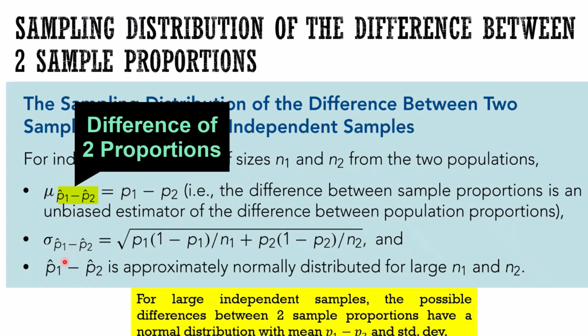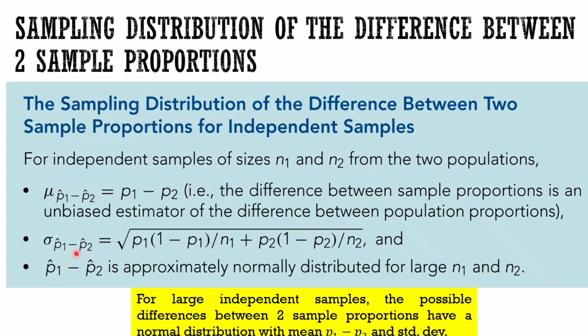And then we have for the standard deviation, sigma of p hat sub 1 minus p hat sub 2, again the difference between the two sample proportions, and that will be equal to this formula: the square root of p sub 1 times 1 minus p sub 1 divided by n sub 1, plus p sub 2 times 1 minus p sub 2 divided by n sub 2, where the square root runs over the entire expression.